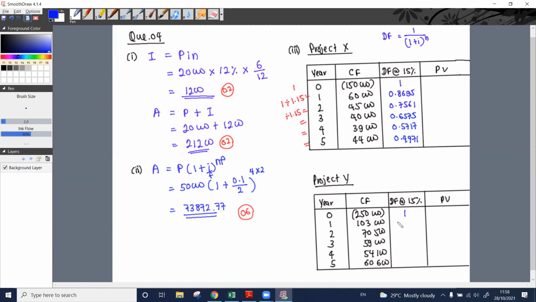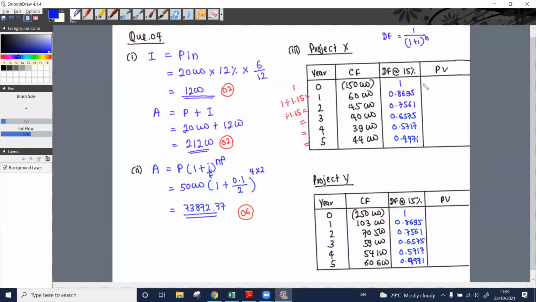Here also the discount factors are same: 0.8695, 0.7561, 0.6575, 0.5717, 0.4971.